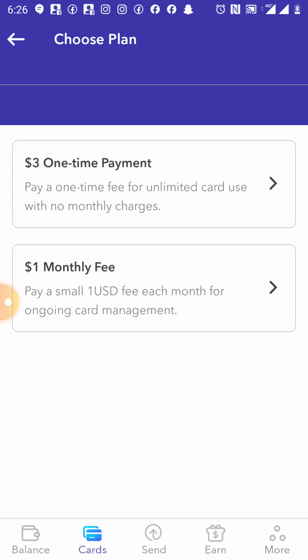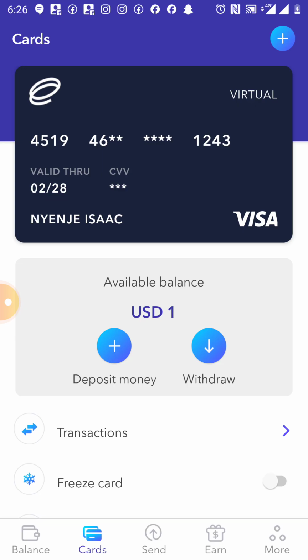For the first card that I showed you, let us first go back to the cards. This card, I bought it at $3. We are in 2025, so it is going to take 2026, 7, 8, this year that I've created it.